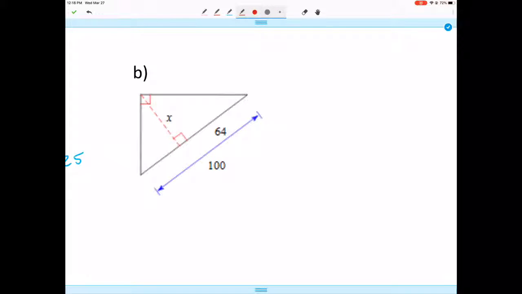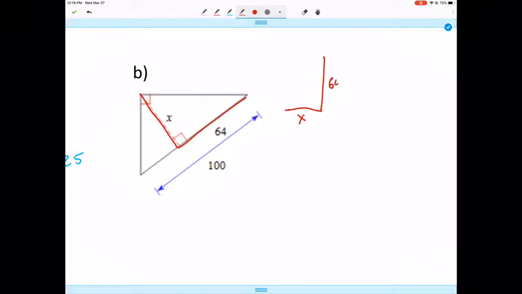All right, so here we have a triangle. You could use this triangle, where we would have a base of x and our height would be 64. And then we could use another triangle.